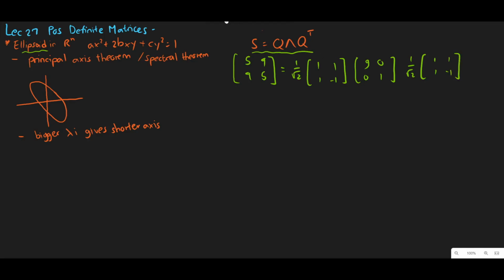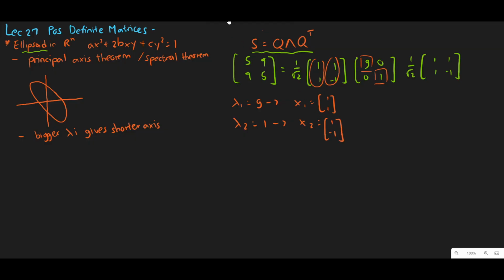These are the two eigenvectors, (1, 1) and (1, -1), and these are the eigenvalues corresponding to each of them. The eigenvalue of 9 has the eigenvector (1, 1), and the eigenvalue of 1 has the eigenvector (1, -1).